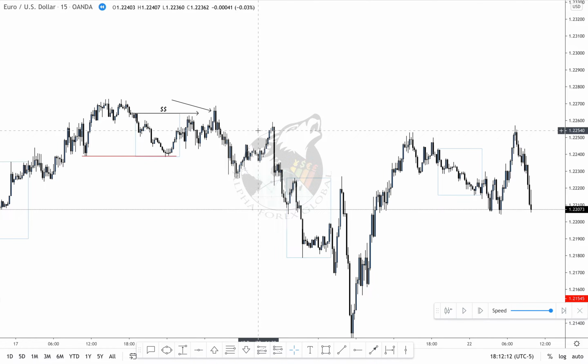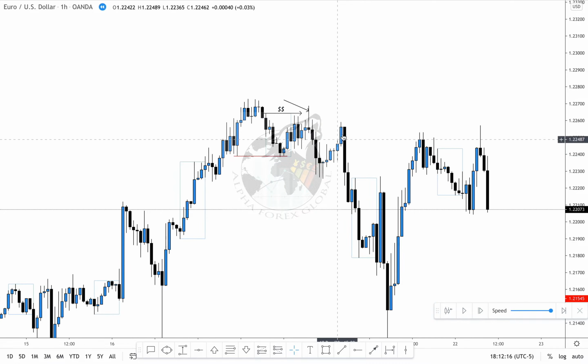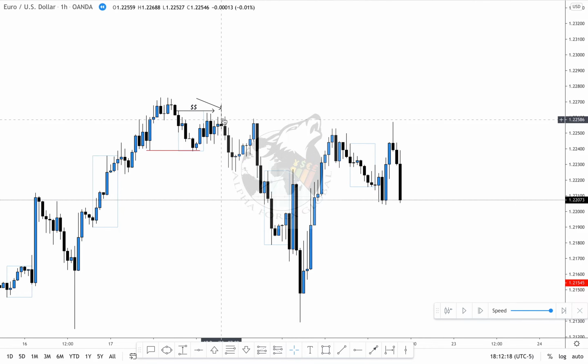And let's just clear up something before we move on. If I go on the 1 hour time frame, right, you notice that this is a wick, right? Most of the time when you see a wick, it is actually an order block that is there, because in order for this wick to form, you must have a buy to sell, but on a lower time frame.